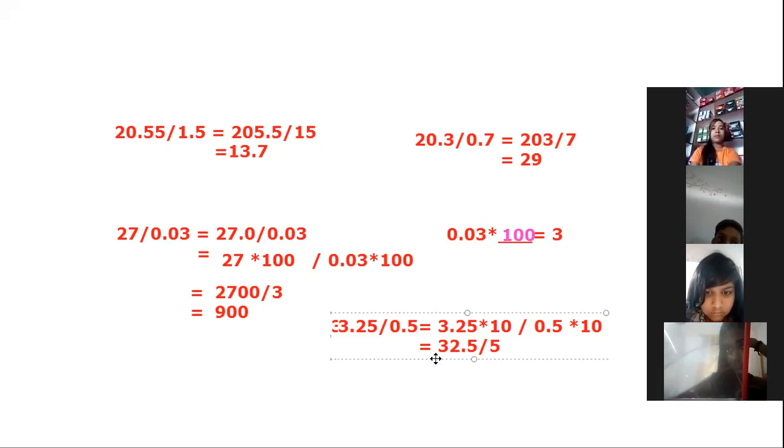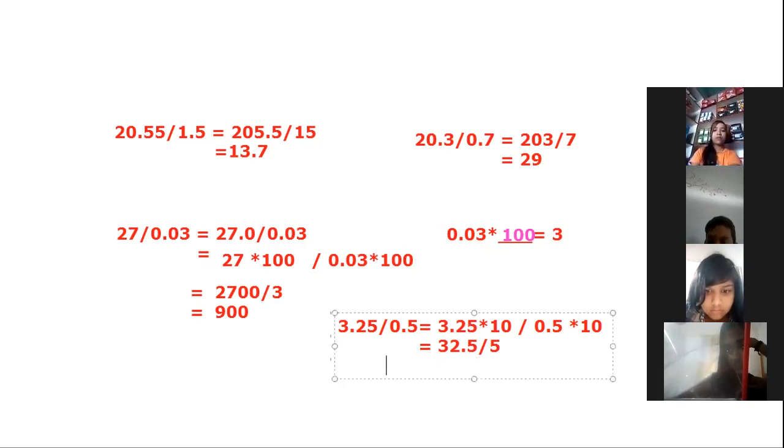You know? First of all, we have to find the value of 325 divided by 5 and put one decimal point, because there is only one digit after the decimal point here. Then what should be our value?